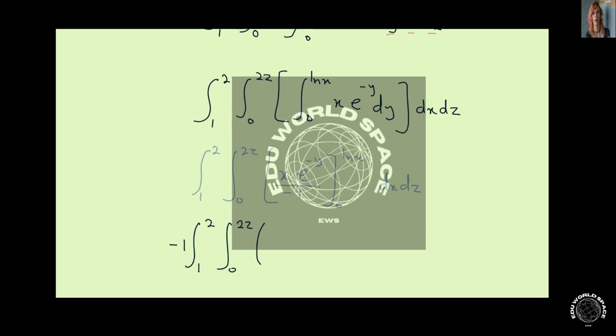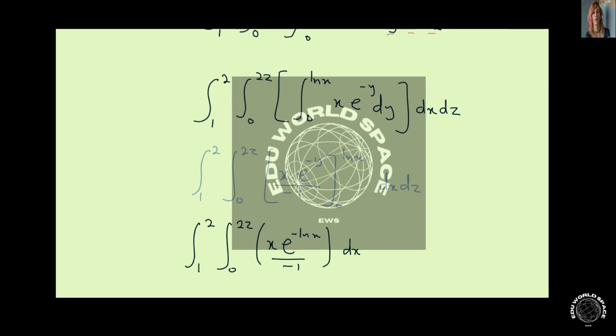If we put in the values, we would have x times e to the power negative ln x, dx.